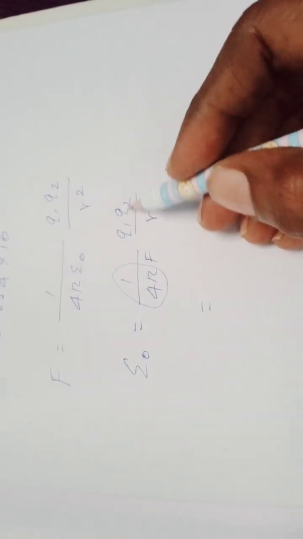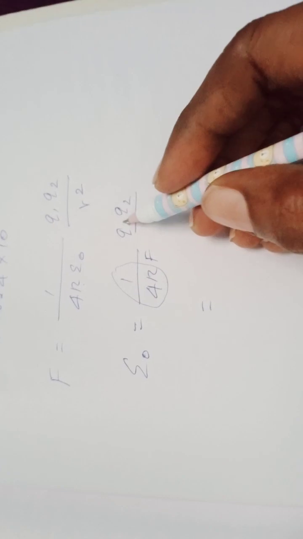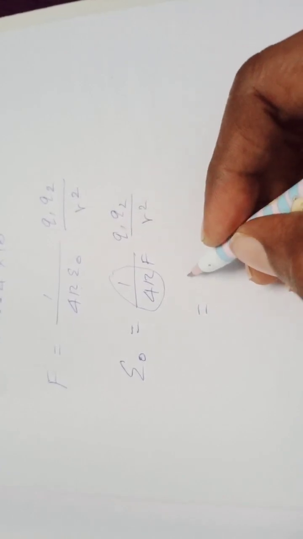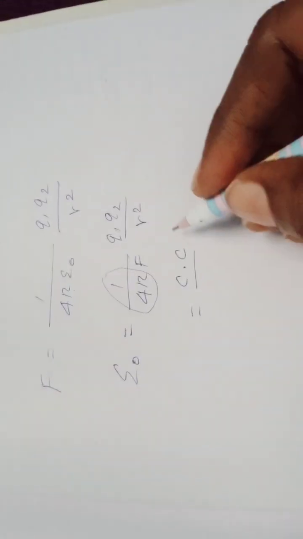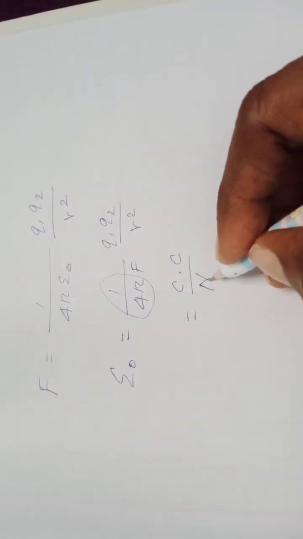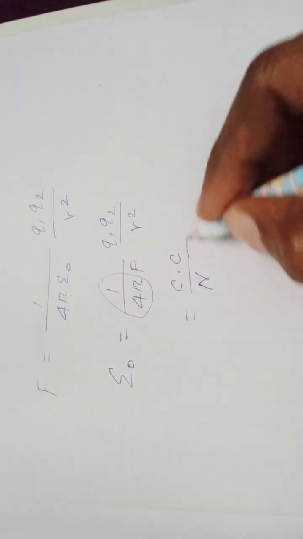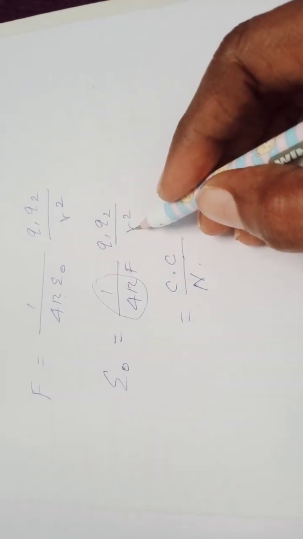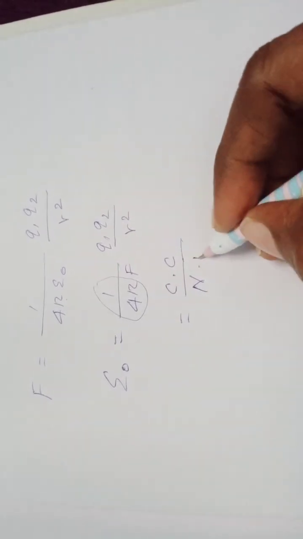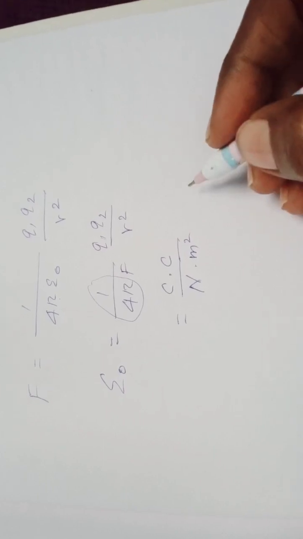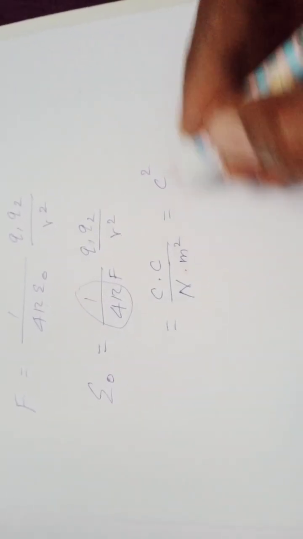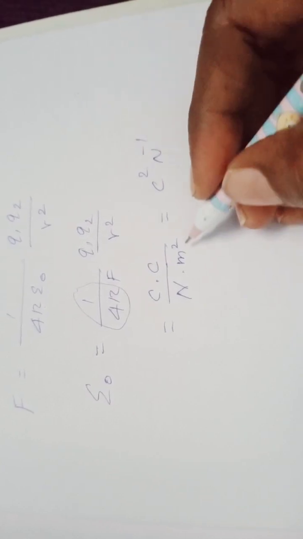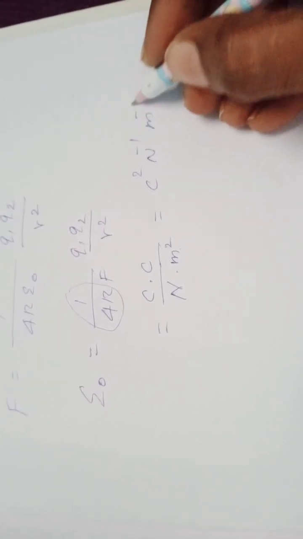Substitute the SI units for these quantities. SI unit of the charge Q1 is coulomb, and Q2 the same coulomb, and the SI unit of force is Newton, and the SI unit of distance r is meter square. Okay, so this becomes coulomb square, Newton inverse, and meter power minus 2.